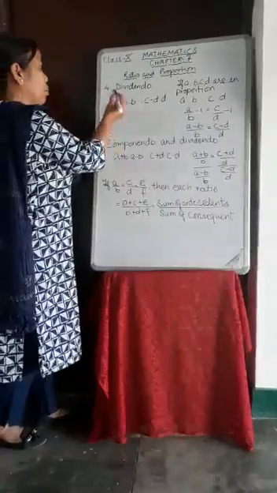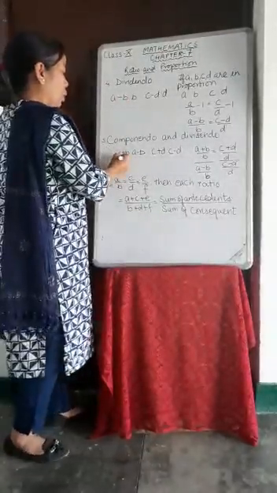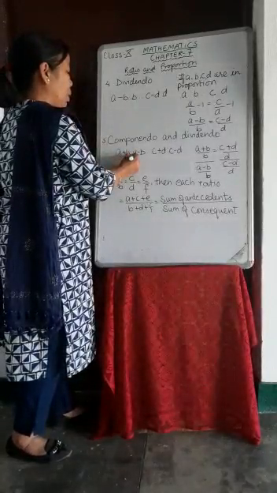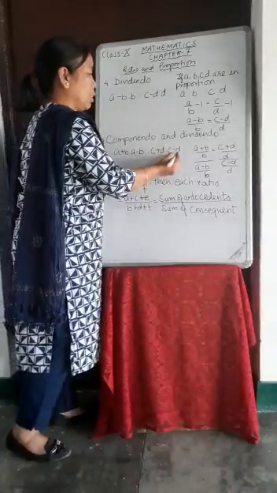Now, if we combine the componendo and dividendo property, then it will be equal to A plus B is to A minus B equals C plus D is to C minus D. See how?